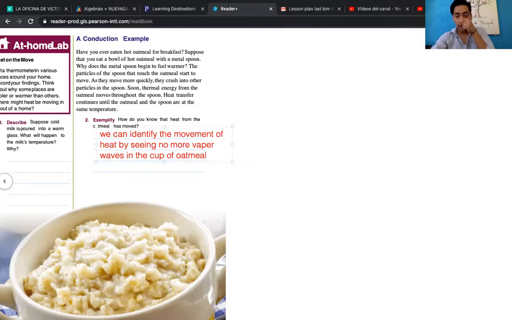Okay, that's what we're going to put. So please go ahead and write that in your Pearson book. We can identify the movement of heat by seeing no more vapor waves in the cup of oatmeal.